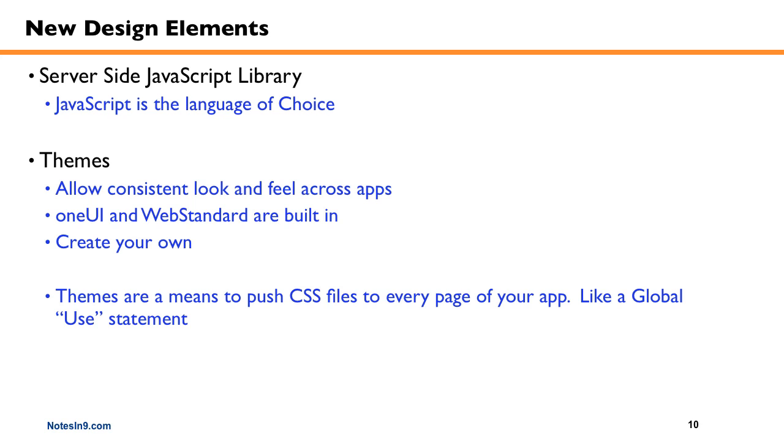It comes with OneUI and web standard built in. It's kind of like a global use statement for CSS to just make CSS files available to every page of your application, and you can get much more advanced with that to override the look and feel of various controls and stuff if you really want to get fancy and customize things.